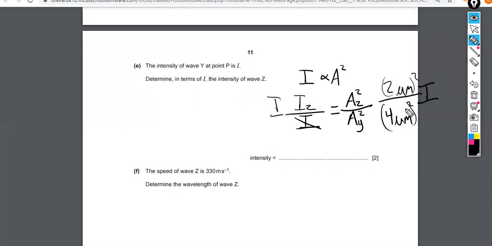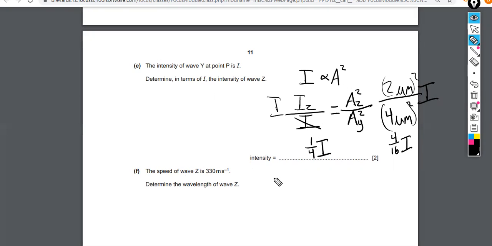So it's going to be 2 squared is 4 over 4 squared is 16. So we got 4 over 16 I, which is 1/4 I, or I over 4. I kind of like 1/4 I. Because wave Z has half the amplitude of wave Y, its intensity is 1/2 squared as much. Okay, 1/4, because it goes as a square.